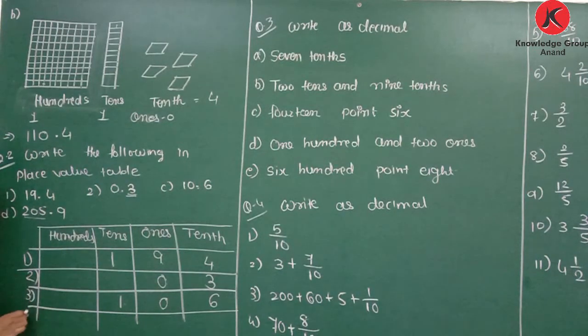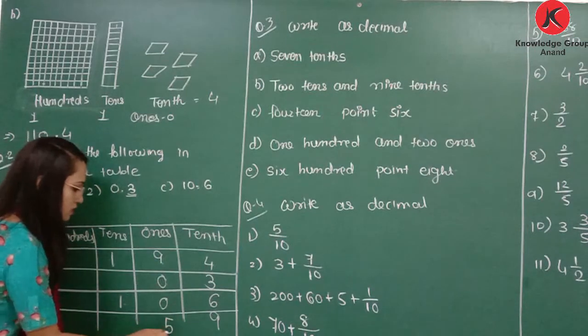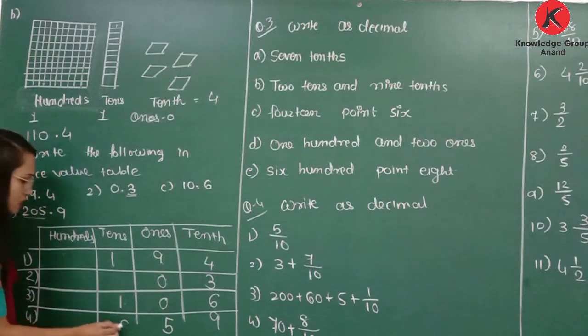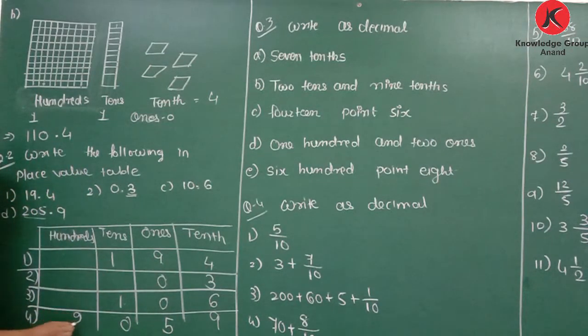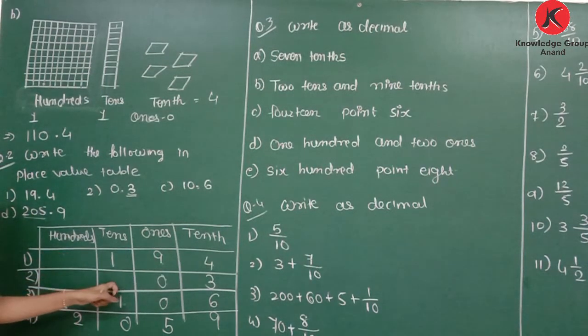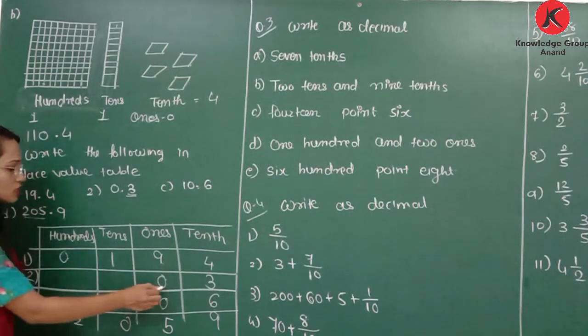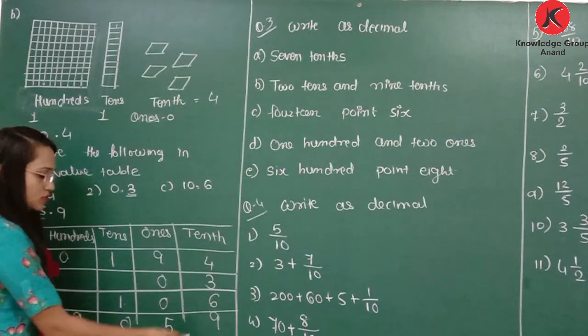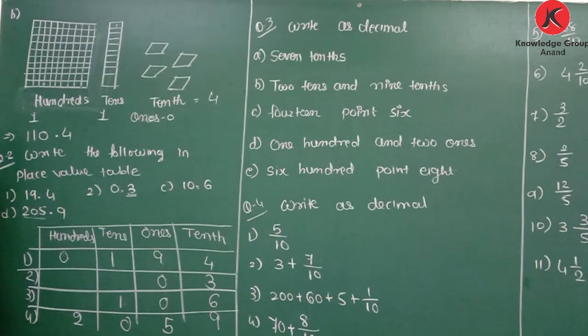Now for the fourth one, 205.9. So 9 at the tenths place, 5 at the ones place, 0 at the tens place, and 2 at the hundreds place. You can write 0 here, or you can skip the blank space. Then it is also right. Or you can write 0 like this. Then it also represents 19.4, 0.3, 10.6, 205.9.